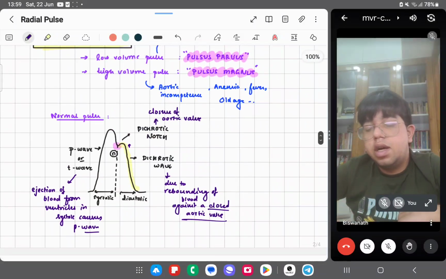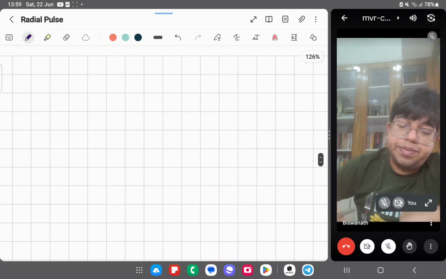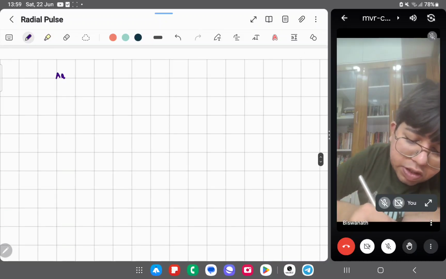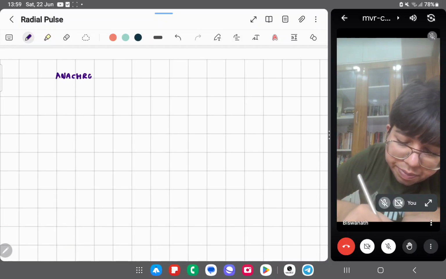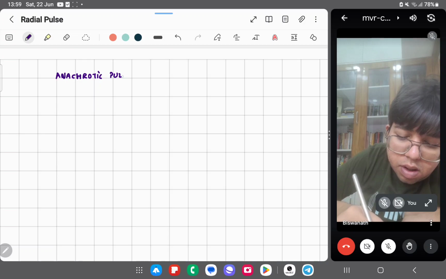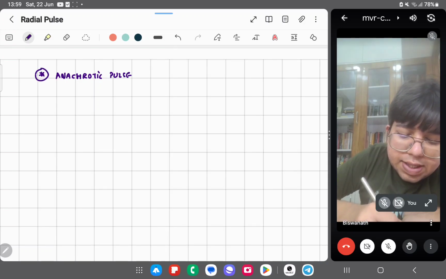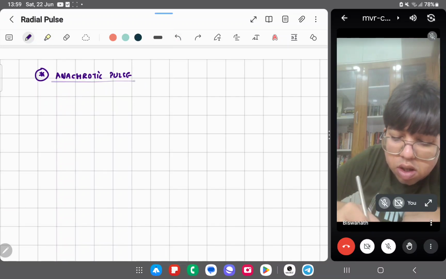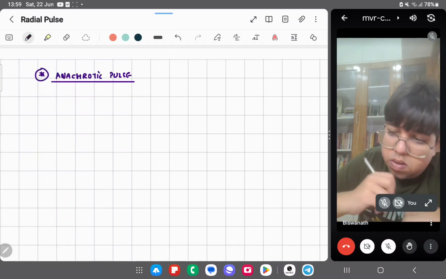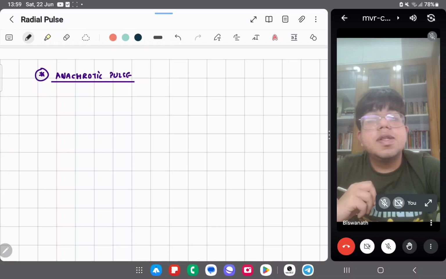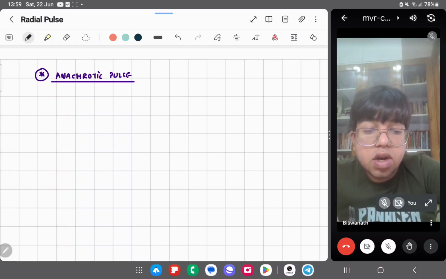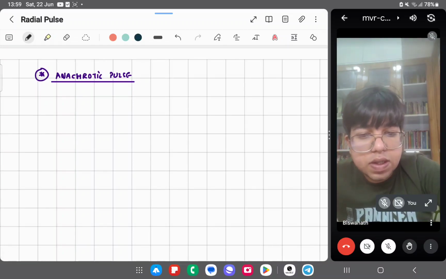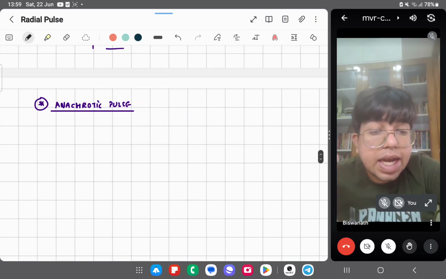Let's discuss a pulse which is called the anacrotic pulse. What is an anacrotic pulse? How does an anacrotic pulse look? We have something called an anacrotic notch.